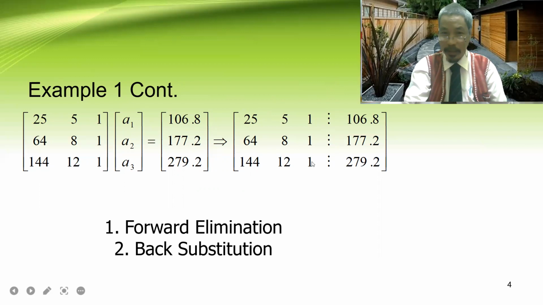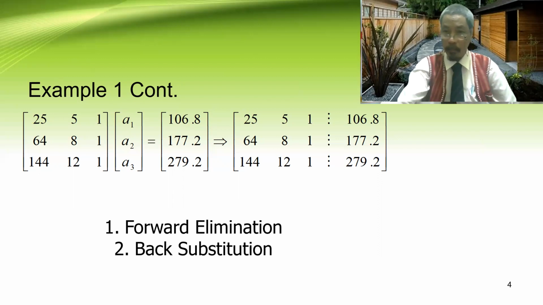This is the square matrix A. This is the variable vector and the constant vector. We do not need to write the variable vector; anyway, later on it will come up. So just writing it down this way will shorten our writing, particularly if the matrix is more than 3 by 3.